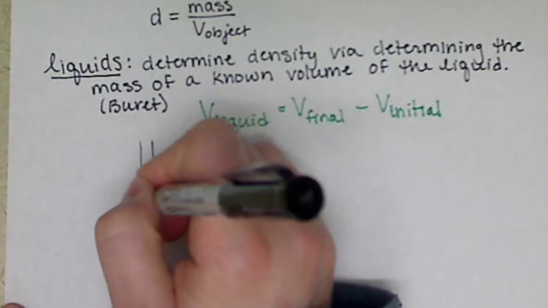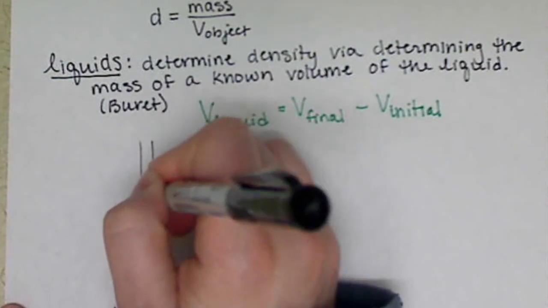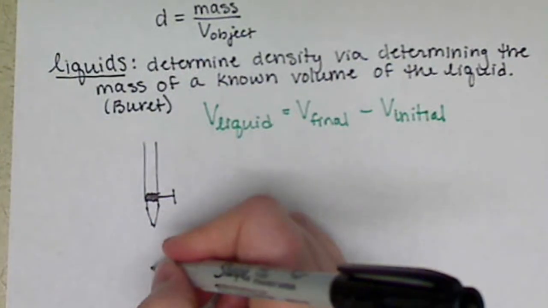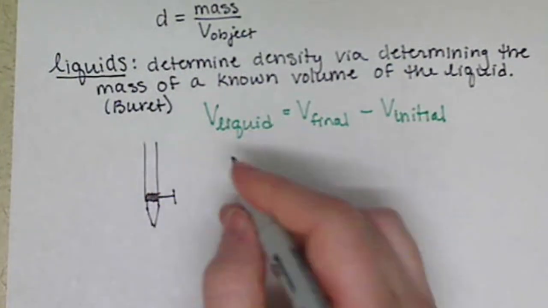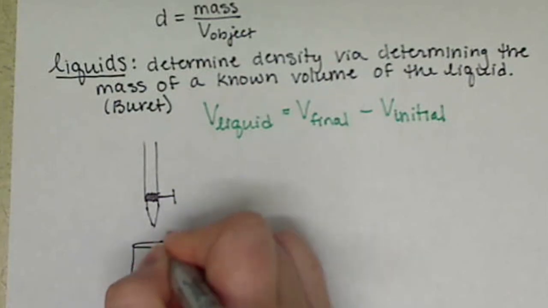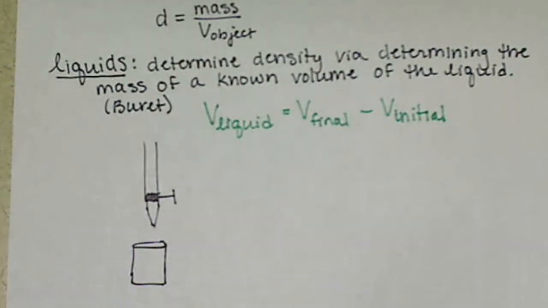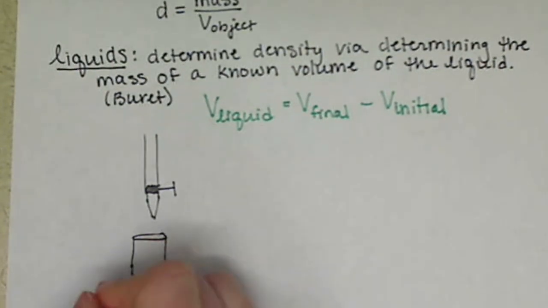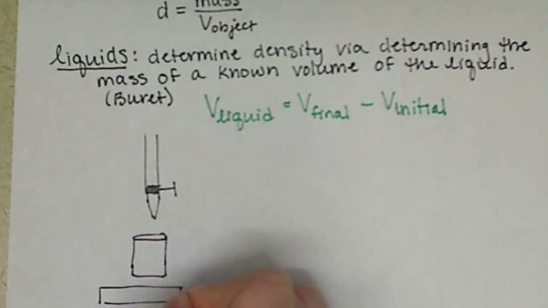We'll have our burette. And remember, the liquid out of the burette flows outward, goes down rather than being poured out. So we want to pour that liquid into a container, in this case a beaker, doesn't really matter.